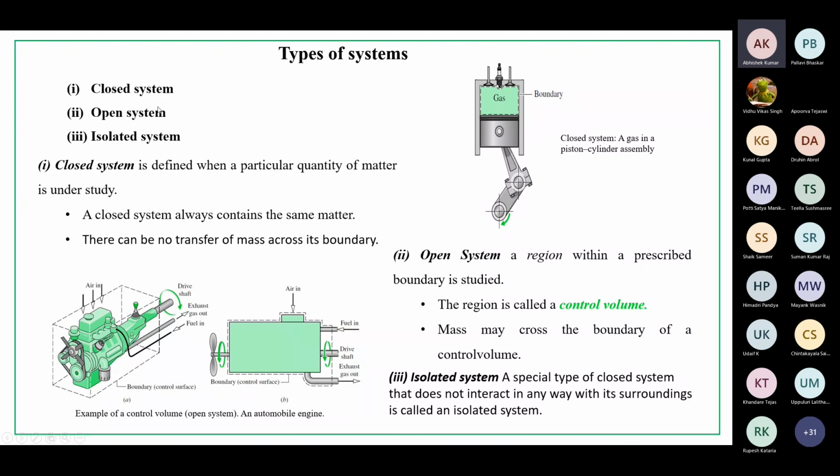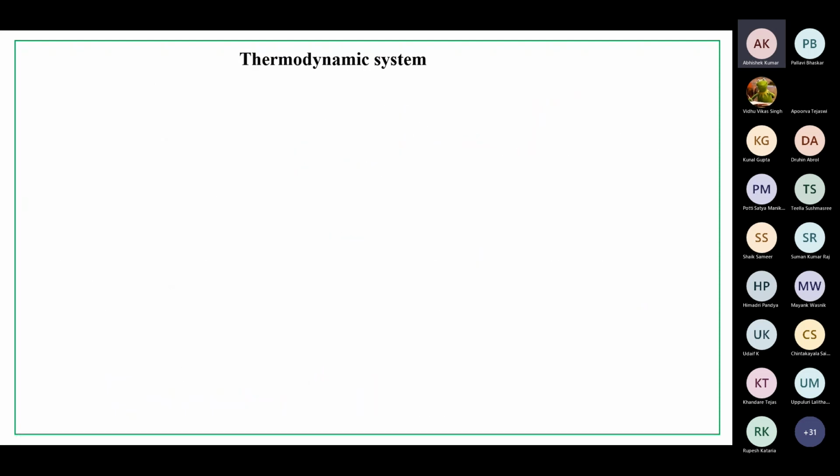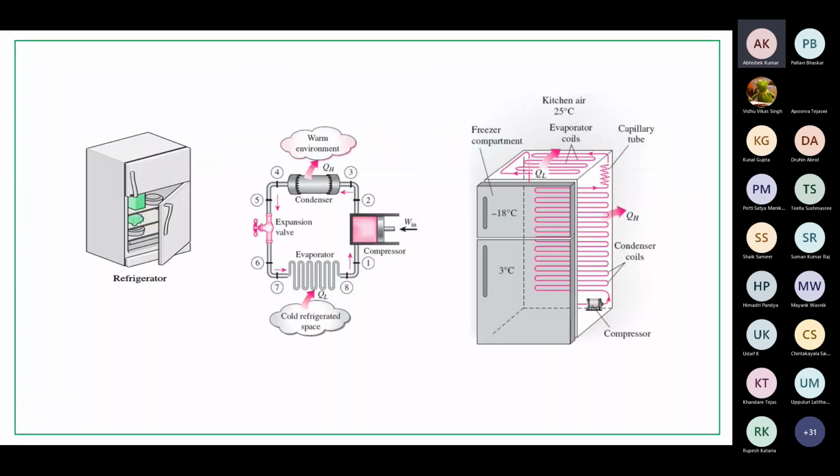The closed system we define based upon the mass. In a closed system, mass does not cross the boundary. For example, let us see the automobile engine we explained in our previous class.